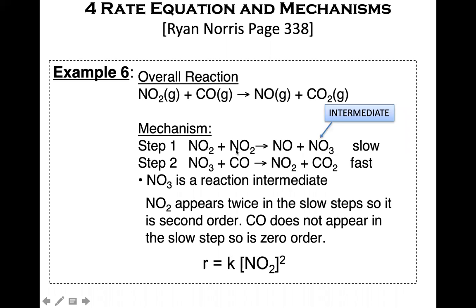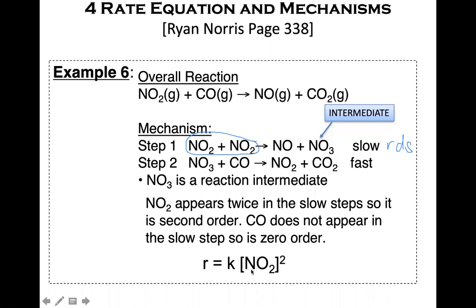Now it appears that step 1 is the slowest step. So that means step 1 is the rate determining step, RDS. And as we know, for the RDS, we are only interested in the reactants. These 2 reactants are the ones that appear in your rate equation.